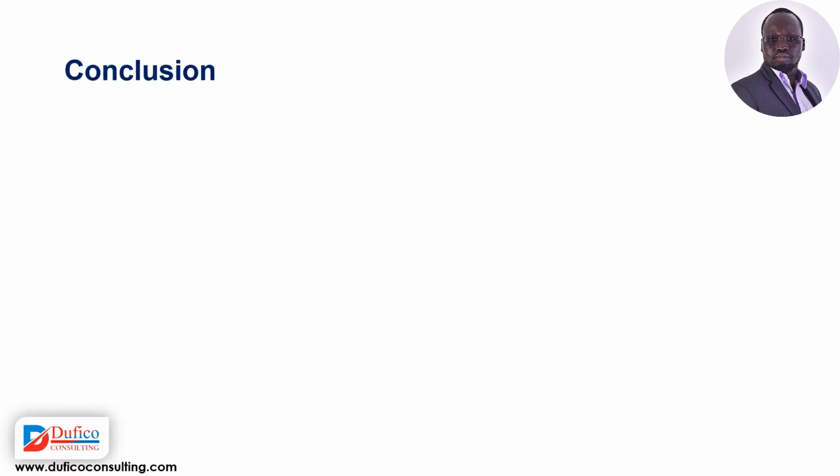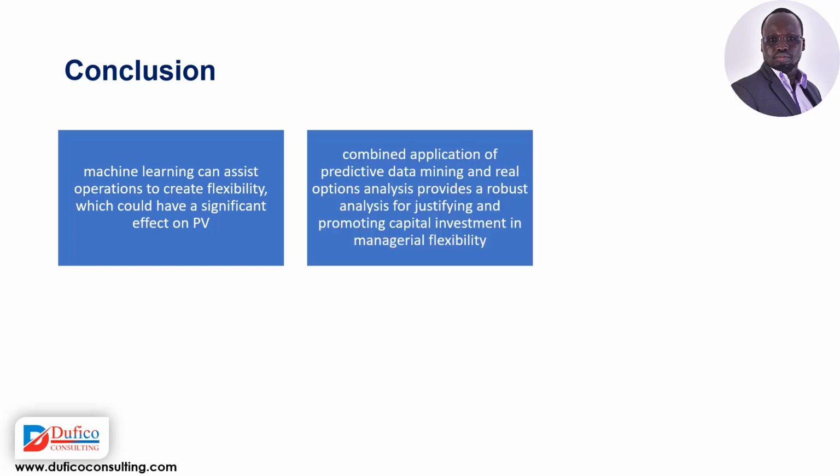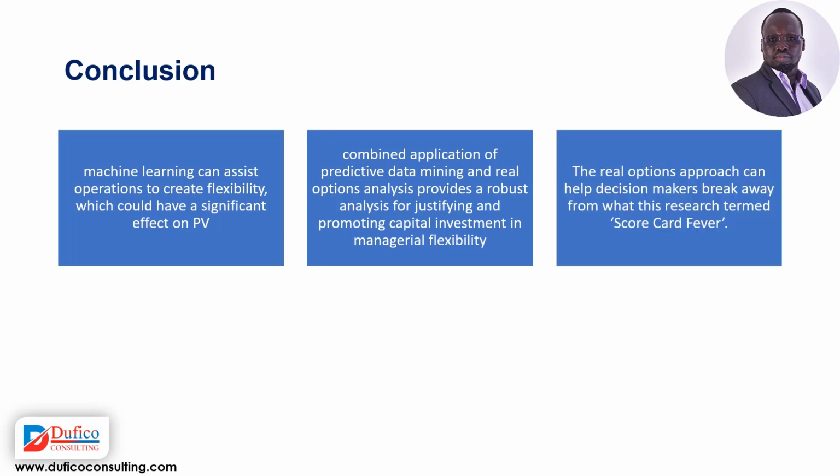In other words, you don't have to guess or make decisions based on deterministic approaches. So machine learning can assist operation to create flexibility. That is a significant value addition. And when we talk machine learning, we are talking predictive analytics, which can help your analysis in terms of creating real option.